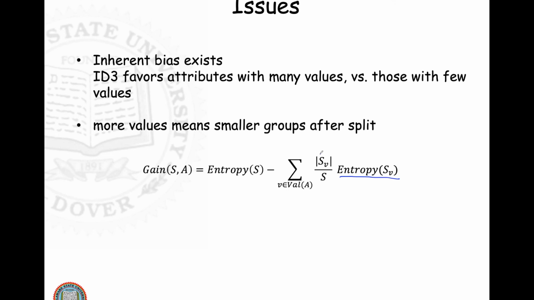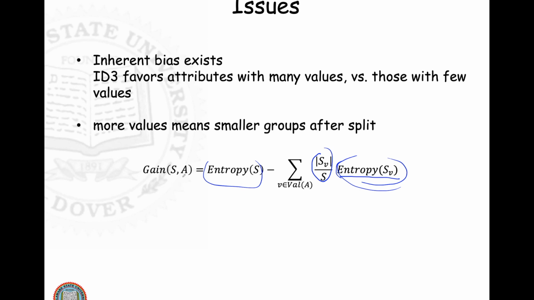And if they're smaller groups, this probability is going to be smaller, and this entropy is going to be smaller. And so this reduction, rather than gain, is going to be a more dramatic information gain because you're going to go from a smaller number of alternatives, less entropy, and you're going to take something that's smaller and subtract it from the original entropy, and that's going to result in a larger information gain.